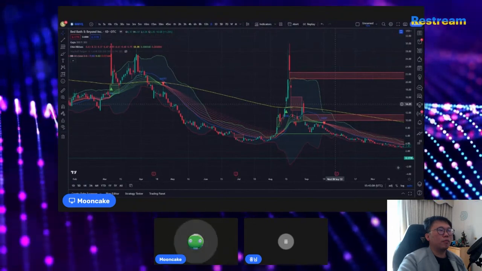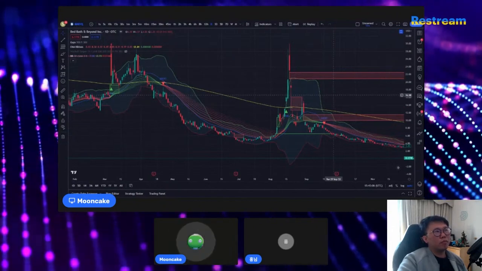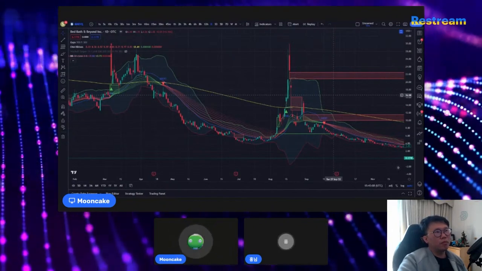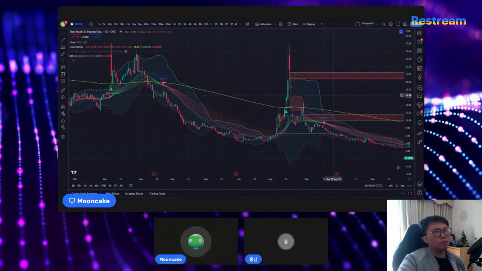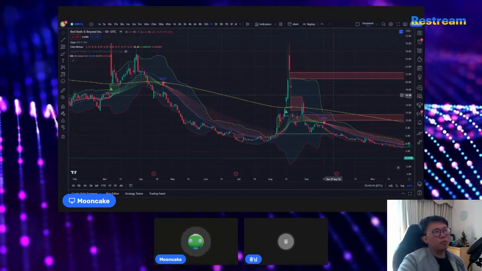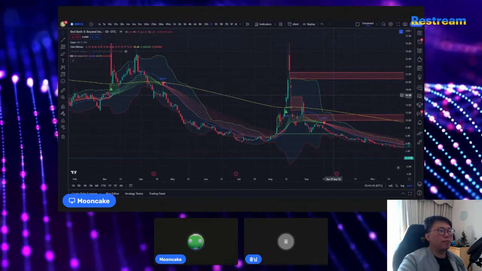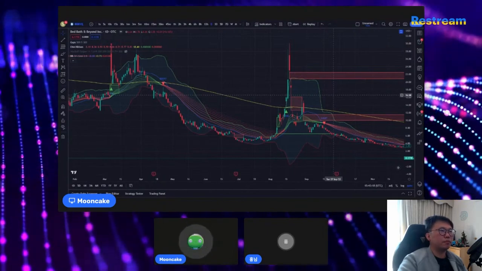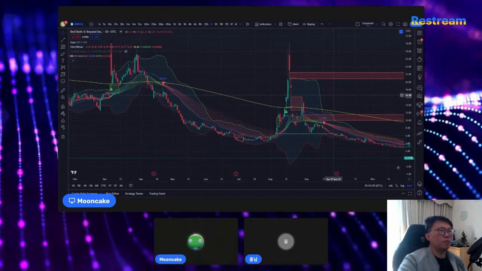Let's say BBBY's average is $1, but every day it's closing beneath $1. That will create a momentum squeeze, or whatever it's called. Mathematically, that's what happens.